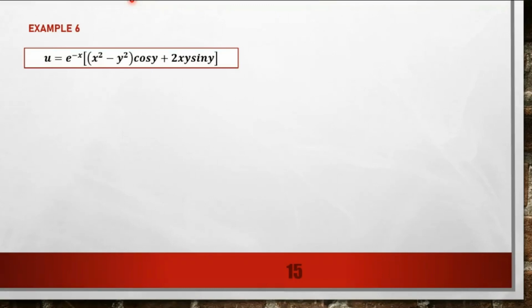When we calculate ux, there are two functions of x: one is e raised to minus x, the other is the bracket term. So first function derivative of second, second function derivative of first. Don't simplify, just write the function as it is. Simplification can be done only after substituting x is equal to z and y equal to 0.